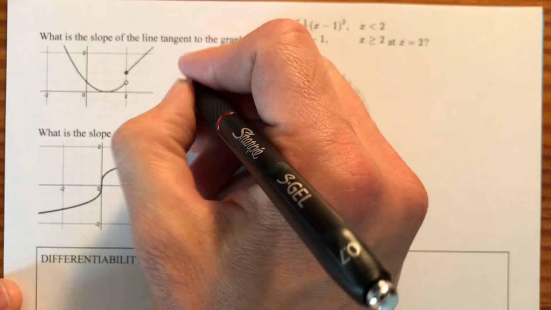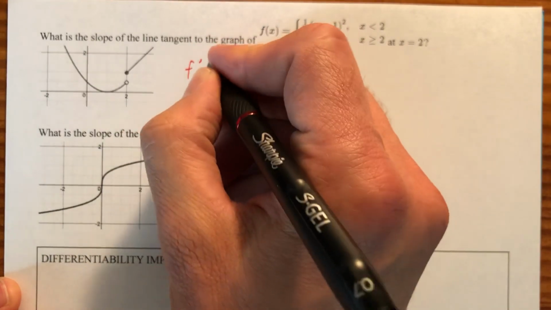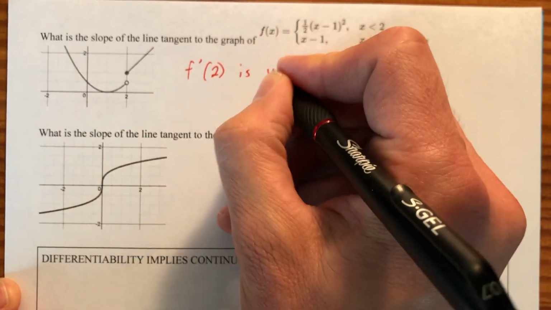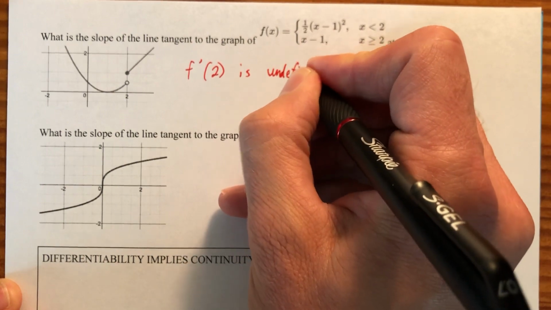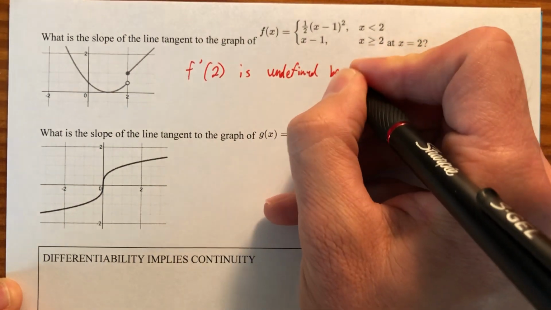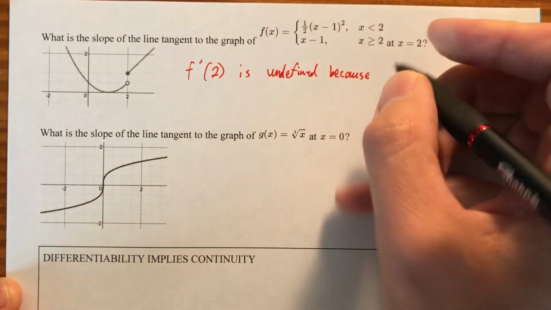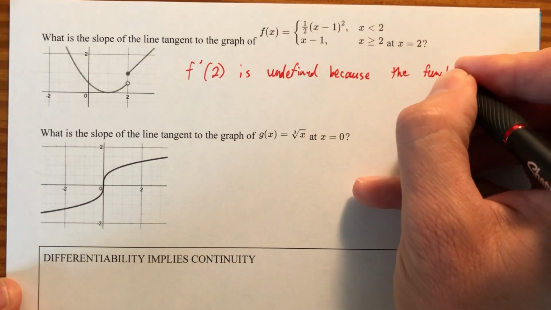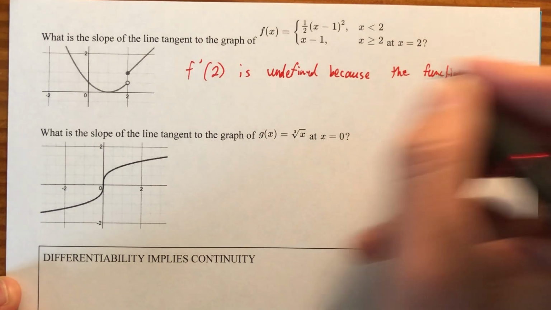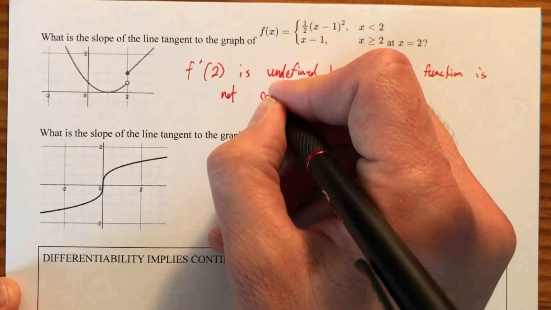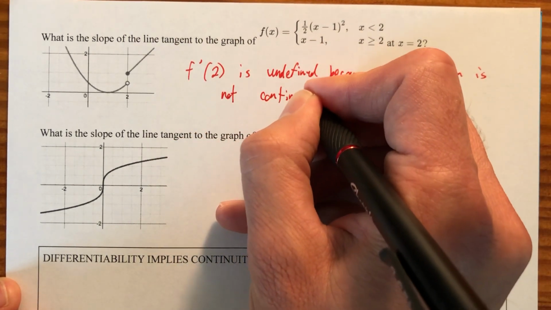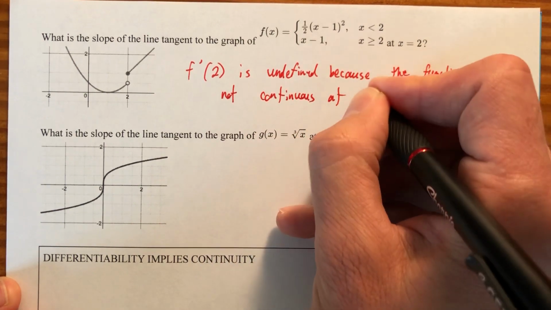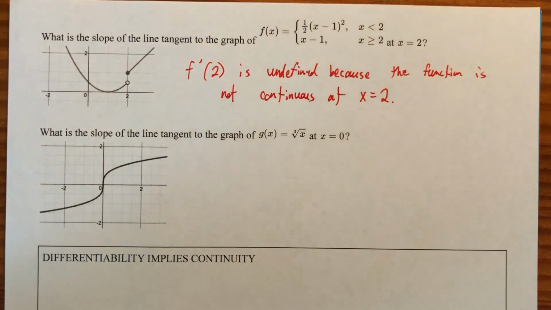F prime of 2 is undefined, because the function is not continuous at x equals 2. There you go.